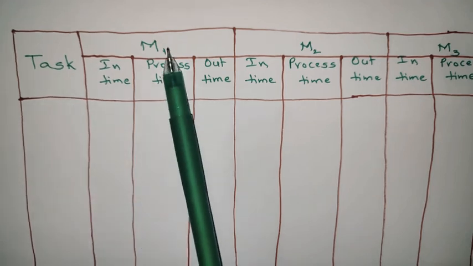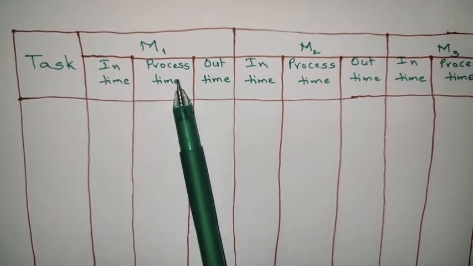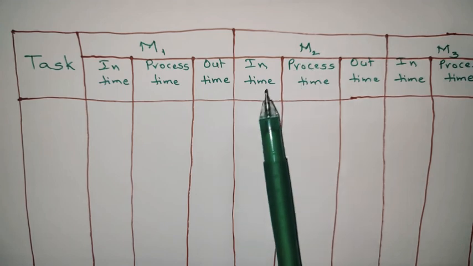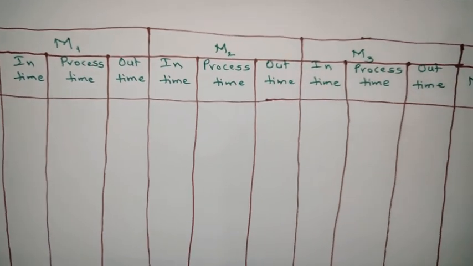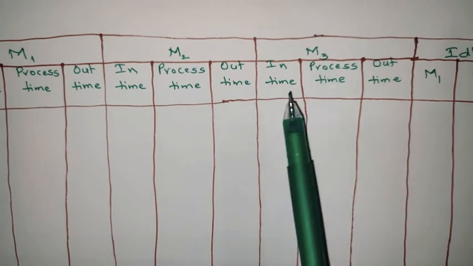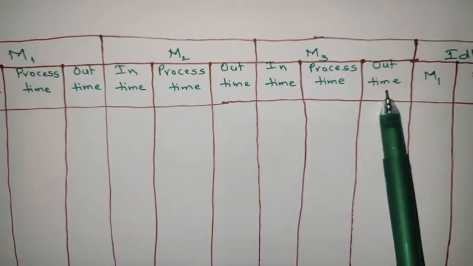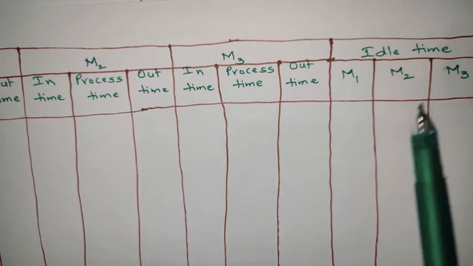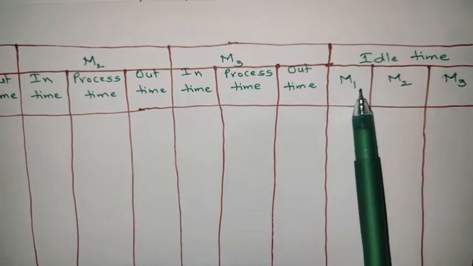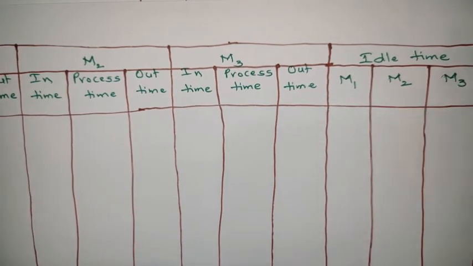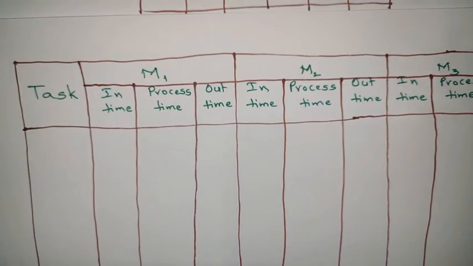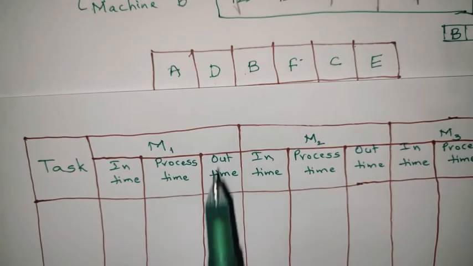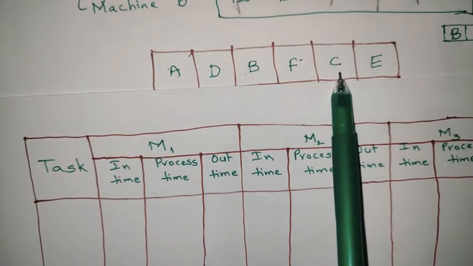Task, machine M1 in time, process time, out time, machine M2 in time, process time and out time, and now machine 3 is also there: M3 in time, process time, out time, and then idle time of machines M1, 2 and 3. Now let us first write the sequence of tasks to be performed. The sequence is A, D, B, F, C, E.